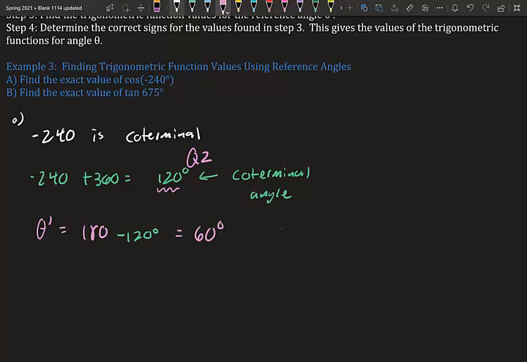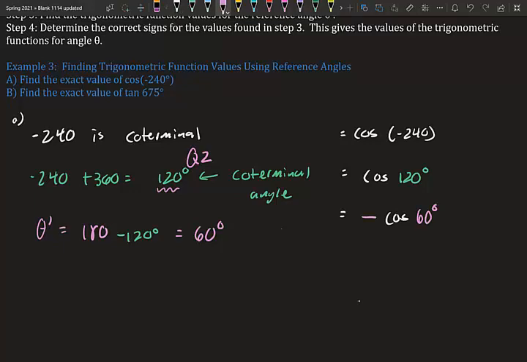So we first started with cosine negative 240. Then, because we know coterminal angles, we switched it to cosine 120 degrees. Now we found the reference angle of cosine 60.